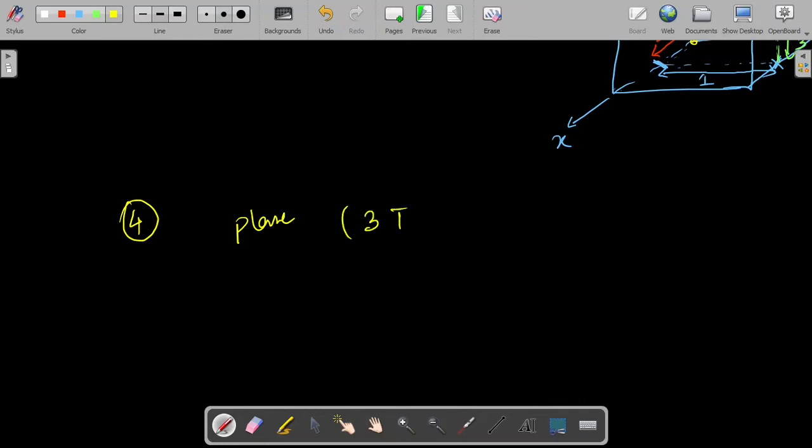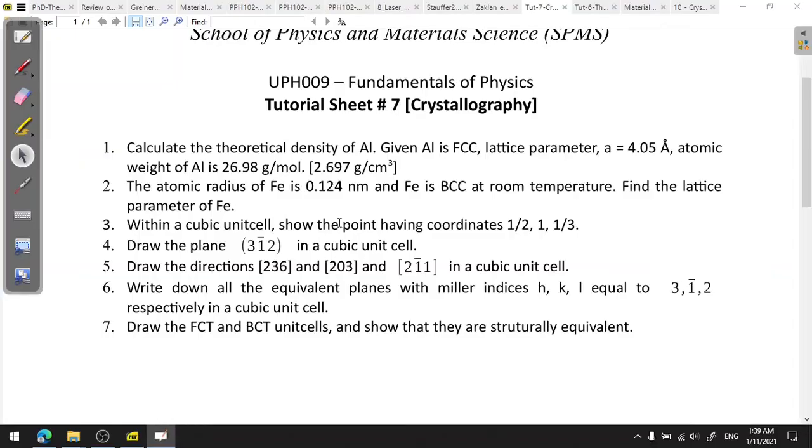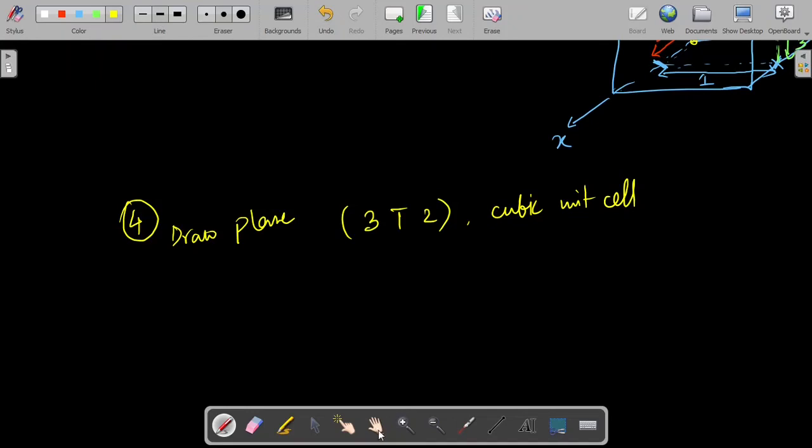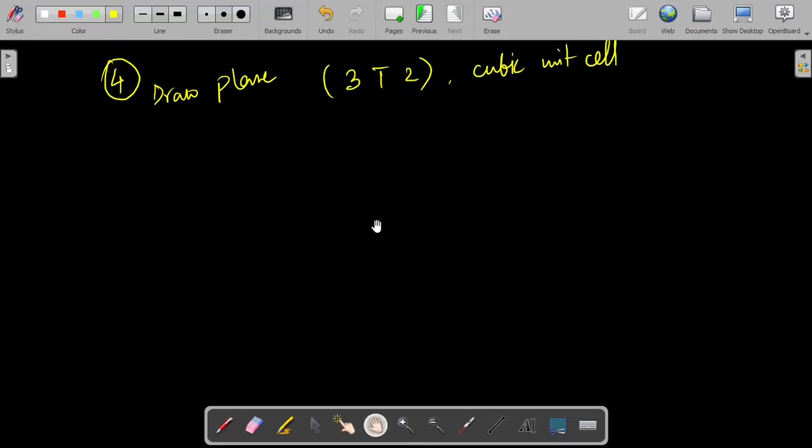Draw the plane 3, 1 bar, 2, isn't it? Yeah, 3, 1 bar, 2. So how do you do it? To draw it, one thing you have to be very clear.